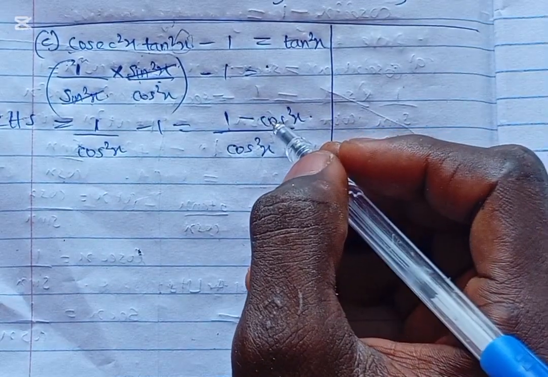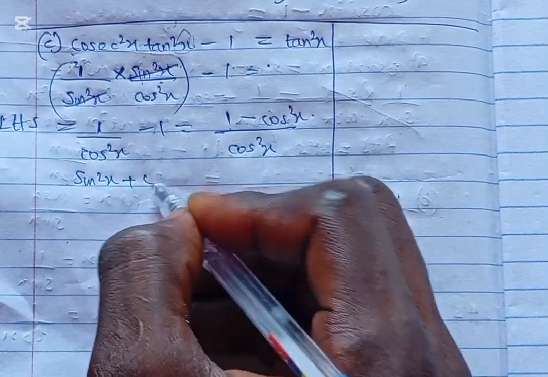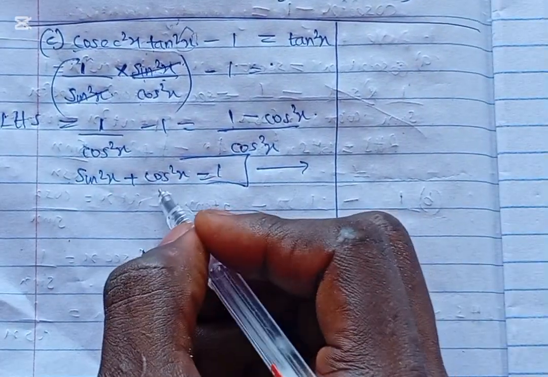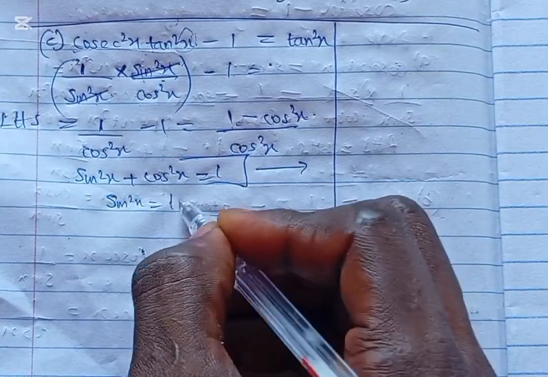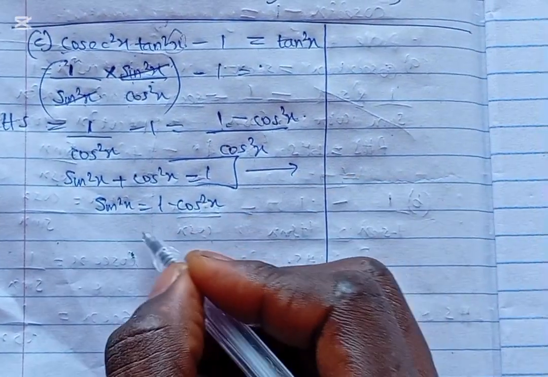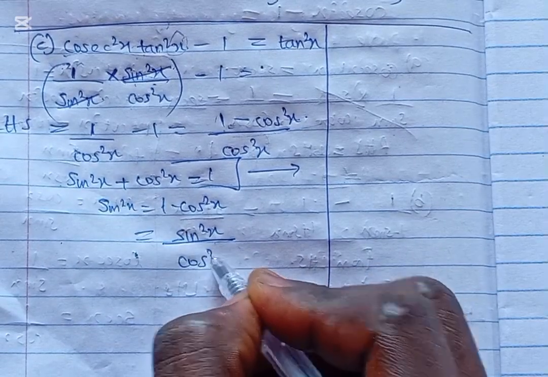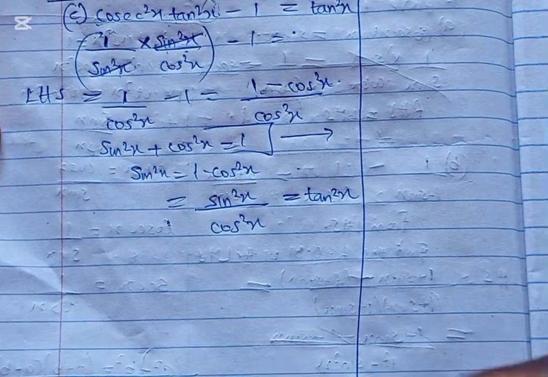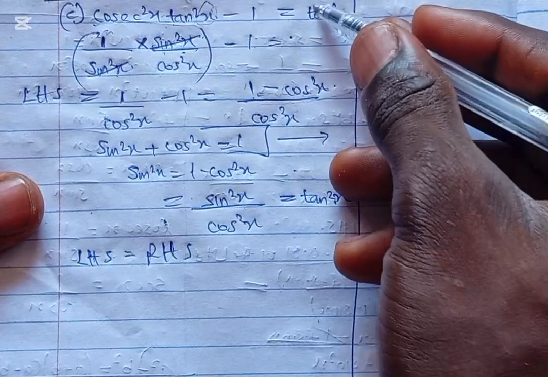And you should know that 1 minus cos square x, from sine square x plus cos square x equals 1, will give me sine square x. Do you understand what I'm saying? Now, I will say that 1 minus cos square x is equal to sine square x over cos square x, which will give me tan square x. So I can now say that the left hand side is equal to the right hand side because it is equal to tan square x.